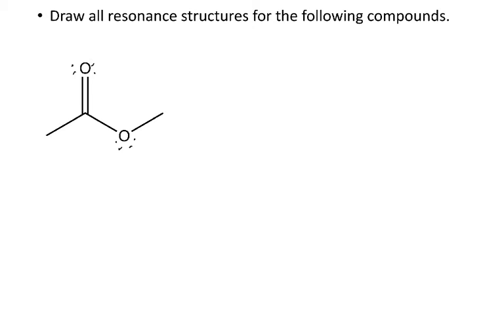So if we can do a 1-step before rather than doing a 2-step, or 2-arrow, we want to do that. And so we're going to do this one first. If we don't do the 1-arrow first, then it's easy to miss some of the resonance structures.